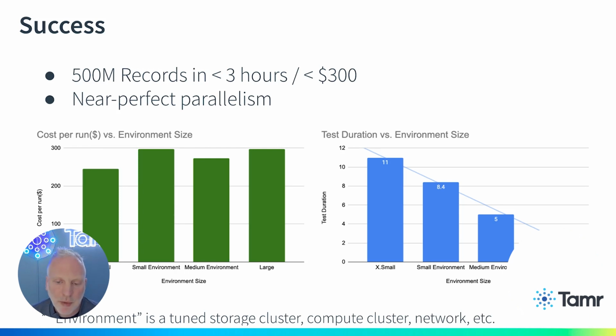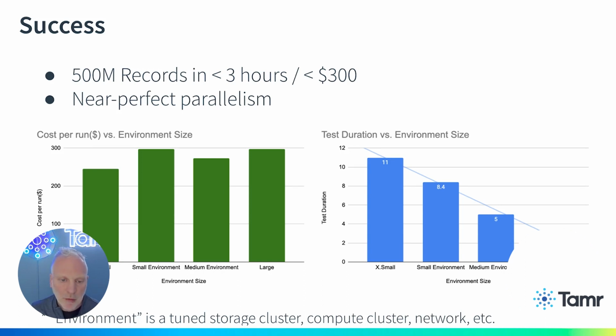And this is by environment rather than cluster size, because an environment here is not just the size of the compute cluster, it includes also the size of the storage cluster, the network that's configured, the node type, etc., so that the entire cluster is tuned to work together.